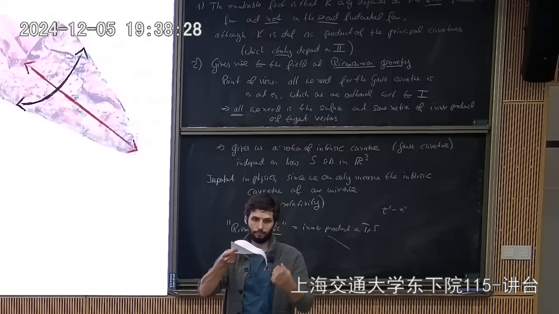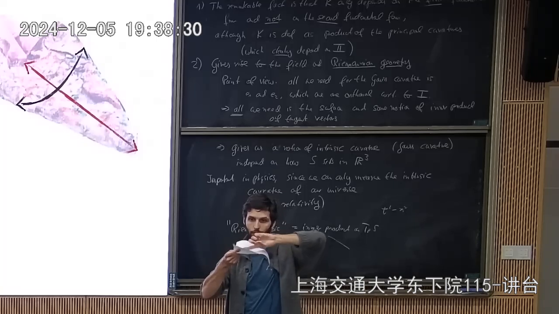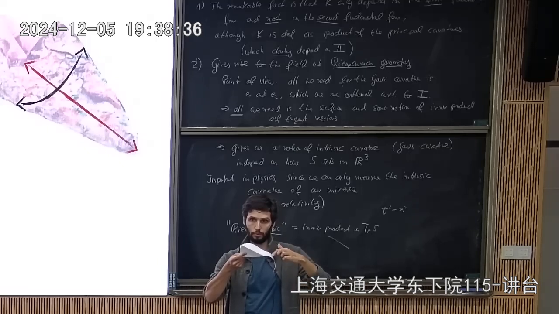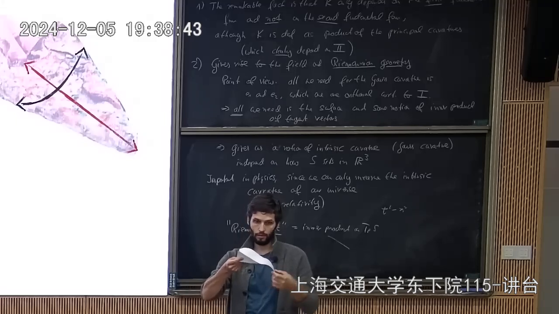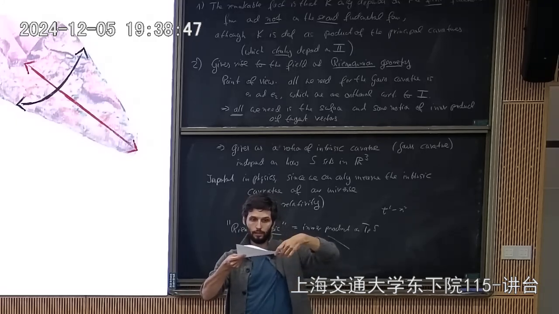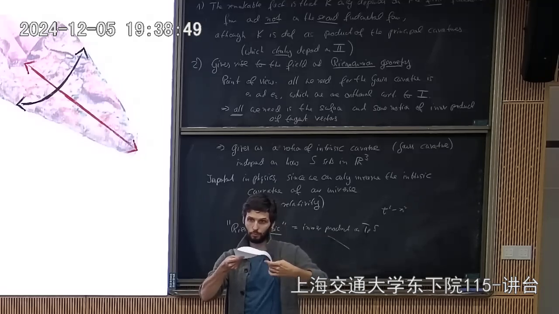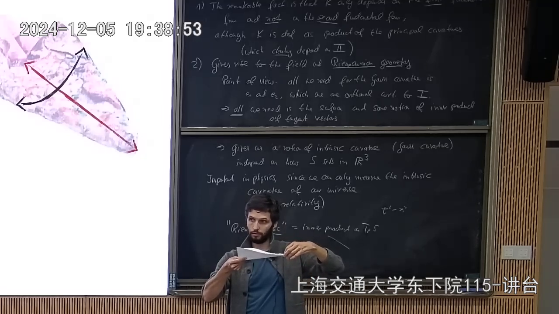If you have something like that, then you have a curvature in this direction and a curvature in this direction. So the Gauss curvature would be non-zero at some point, because the principal curvatures at some point would both be not 0. Here we have Gauss curvature 0, and if that would be bending downwards, then it would actually change the Gauss curvature.